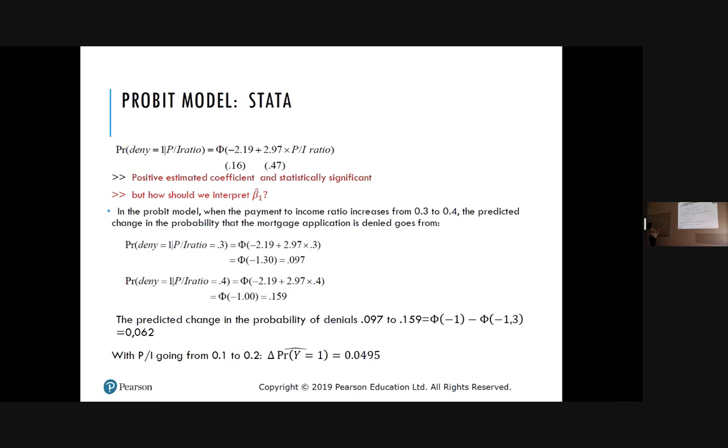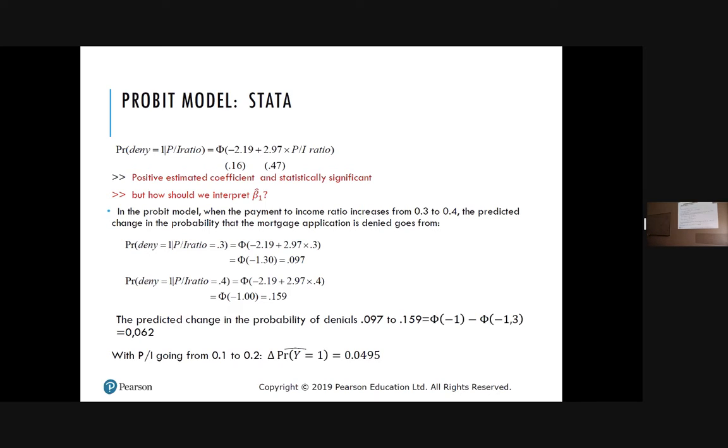When x is equal to 0.3, then the small z is equal to minus 1.3. And then the area underlying this distribution is this one. So this is the probability that z is below minus 1.3.